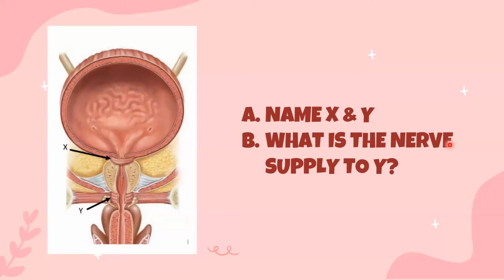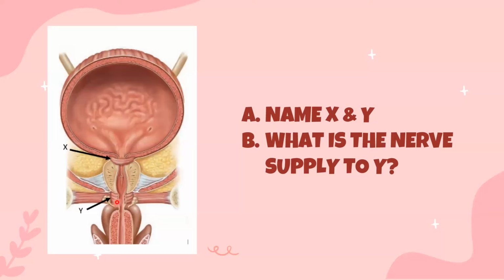Those sphincters are what prevent this reflux of urine. When looking at X, I do understand where you're coming from, the neck of the bladder. However, you see this muscle that's twisting around it. This is the actual internal urethral sphincter.